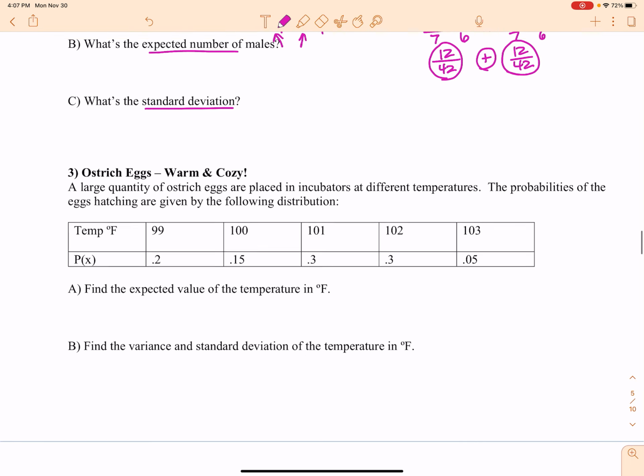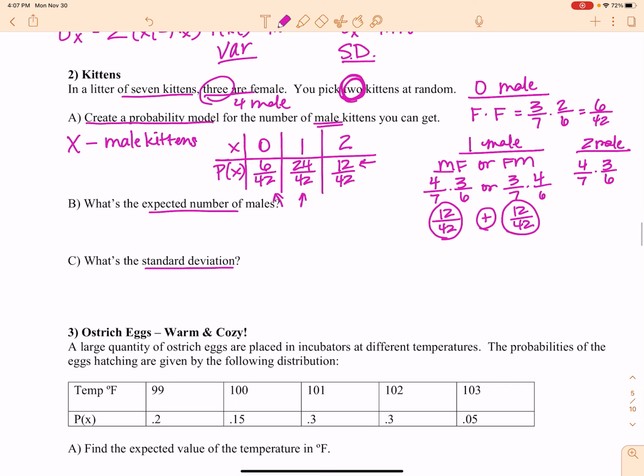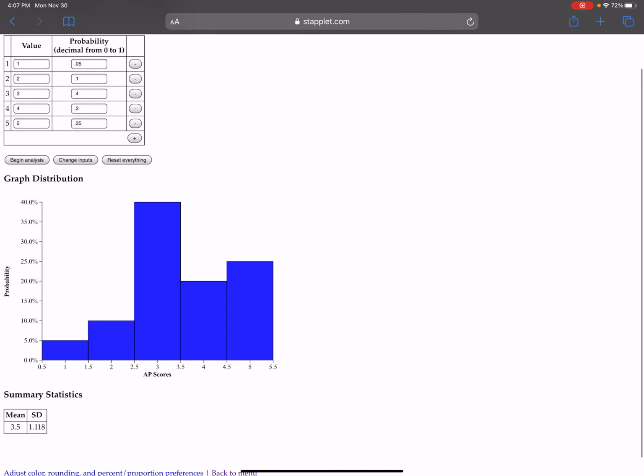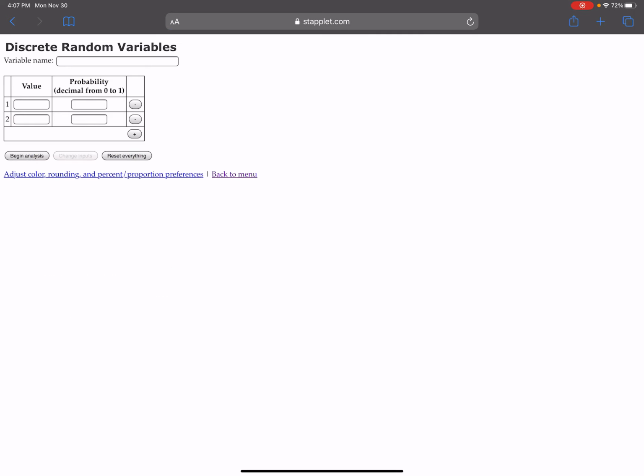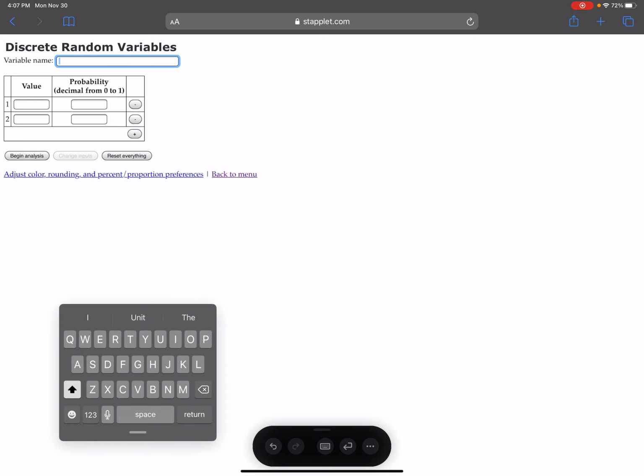So I'm going to go to Statplet, if I can manage it. Okay, so I'm going to start over with my discrete random variables. The variable name this time is going to be male kittens. And I can have 0 male kittens, and that probability is going to be 6 out of 42.